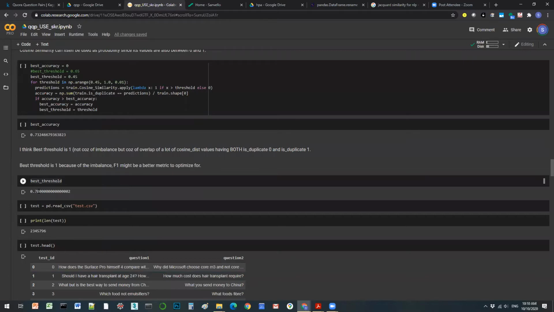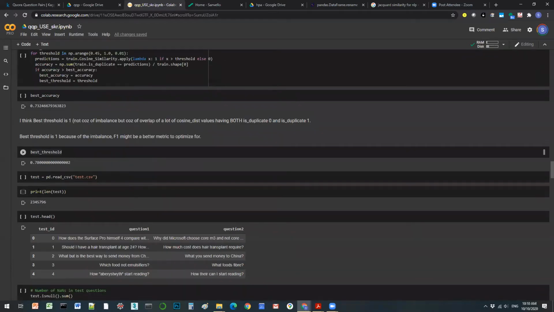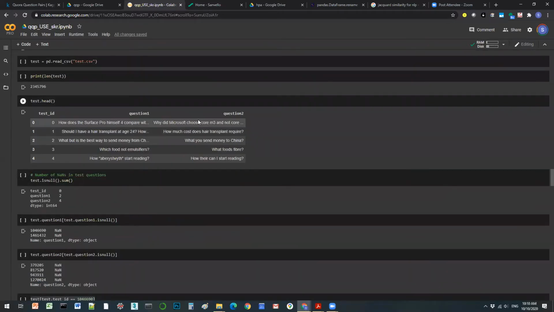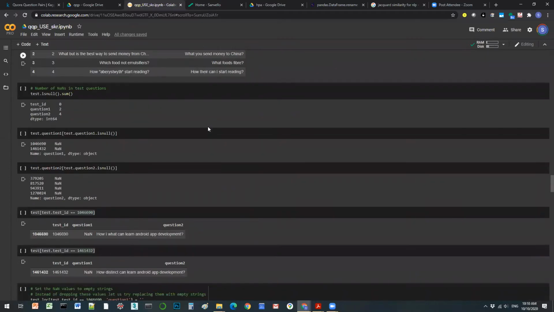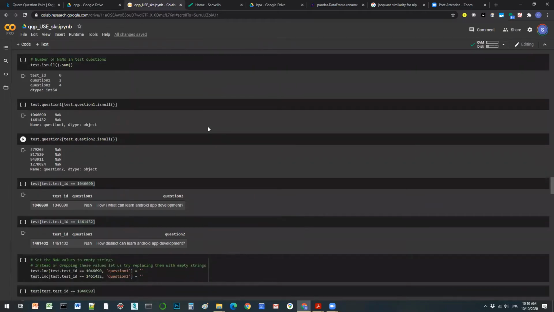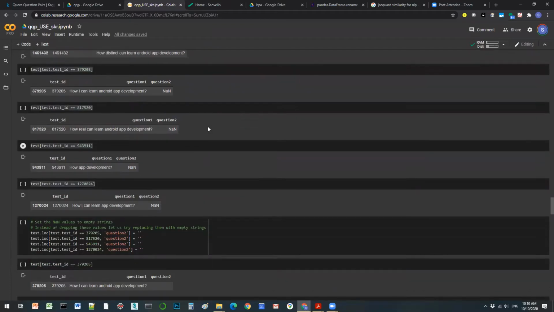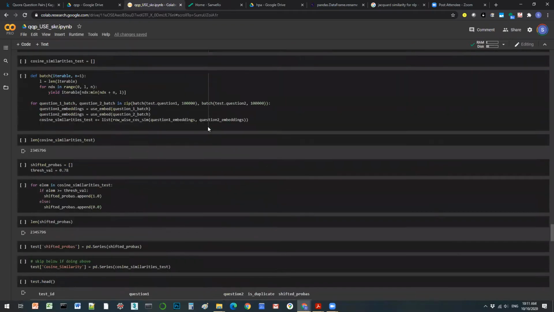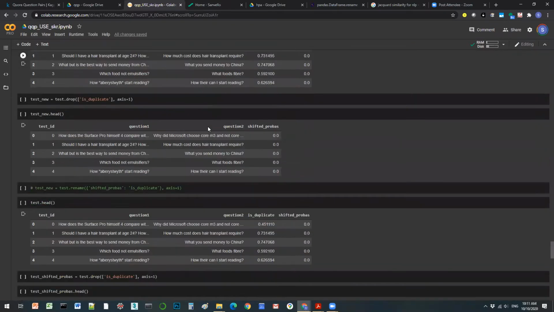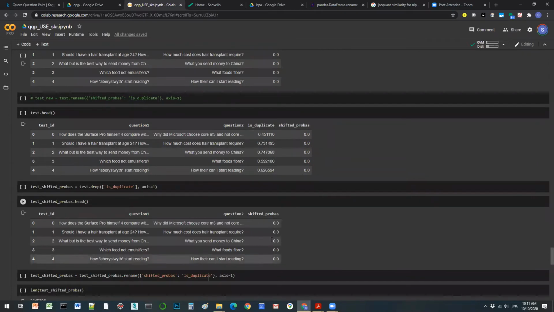So what I did then, just out of curiosity, was I shifted the threshold of the cosine distance so that anything above 0.78 is a 1 and anything below 0.78 is a 0 on the is-duplicate scale. So I did that fix and calculated the is-duplicate. I calculated what I called shifted probabilities.